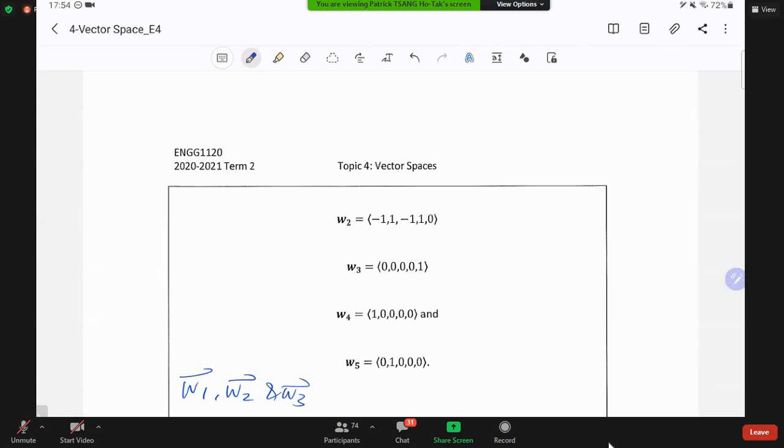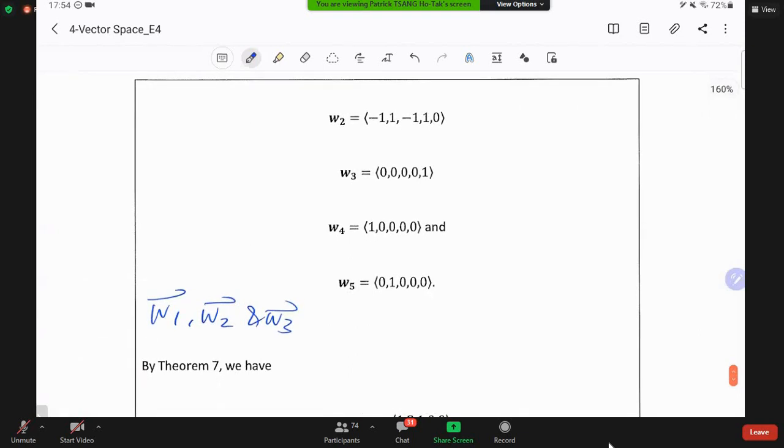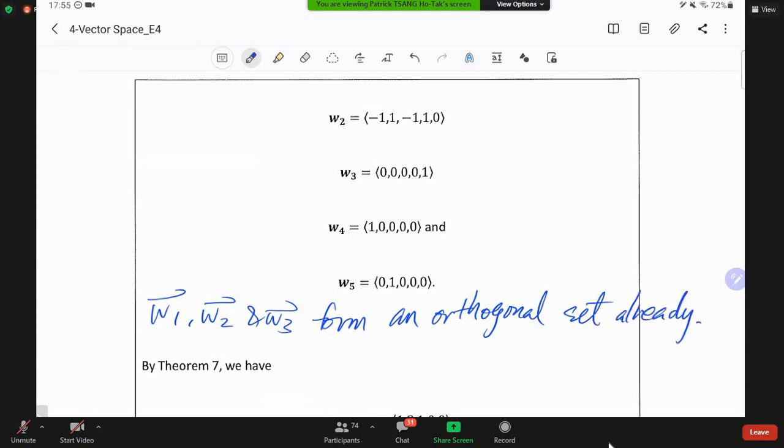Actually W1, W2, and W3 fall into this category, because these three vectors already form an orthogonal set. You help me to verify this. Well done, guys. So these three vectors already form an orthogonal set.